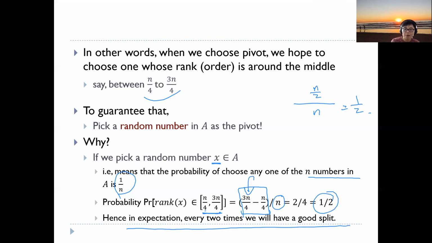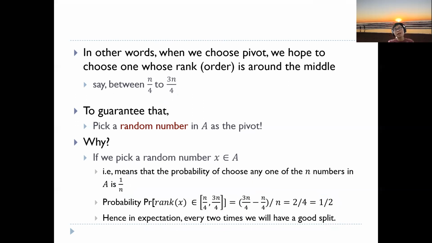So again, what did we say so far? For the QuickSelect algorithm to work well, I want to pick a pivot better than always using the last one, because then we can be unlucky. I want to always pick a good pivot whose order is in the middle of the array.